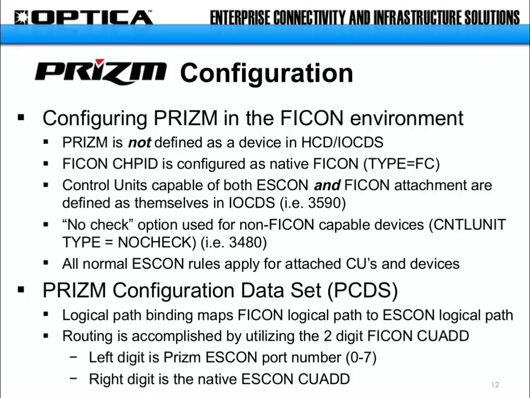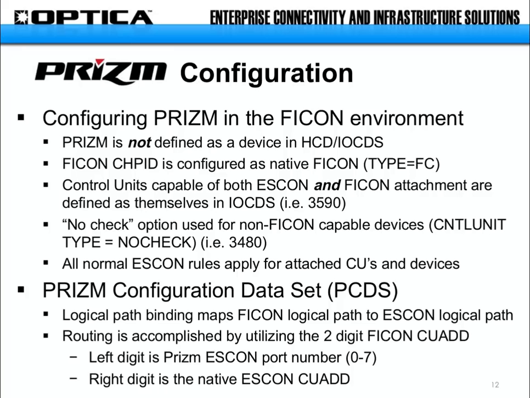Okay? I mentioned that Prism itself is transparent to the mainframe gen. The way that's possible is because we create a configuration file that we call the Prism Configuration Dataset, or the PCDS. That represents a configuration file that is loaded onto Prism to create the connectivity that's required.